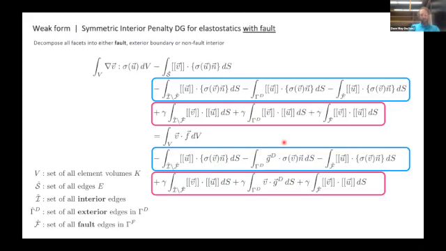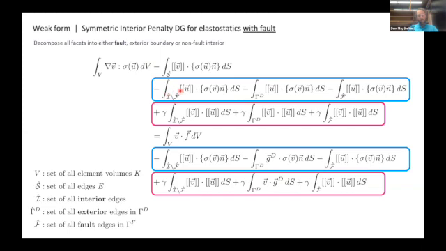Now we consider the case where you do, and let me just get rid of this box here. So in the case where you have a fault, you essentially follow the same procedure, except you introduce a new set of facets which are associated with the fault. So you have the same splitting of this symmetrizing term in the blue box.